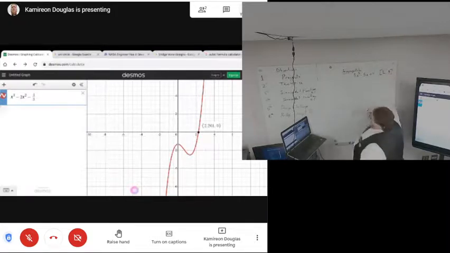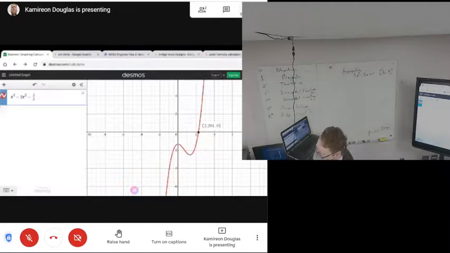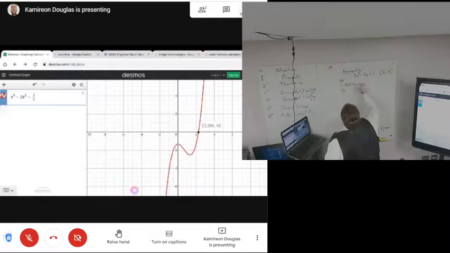I'm going to determine the average value and where it's located. Here we go. If I'm asked to find the average value using calculus, how do I do it? Integrate. From 2 to 5 of my function, 3x squared minus 5x plus 4 dx.